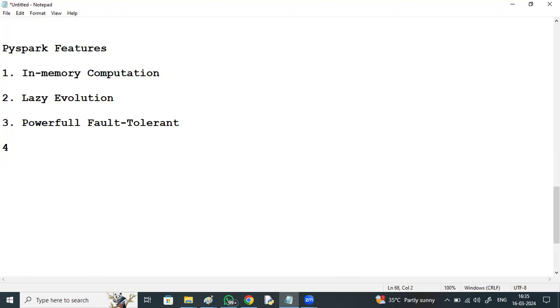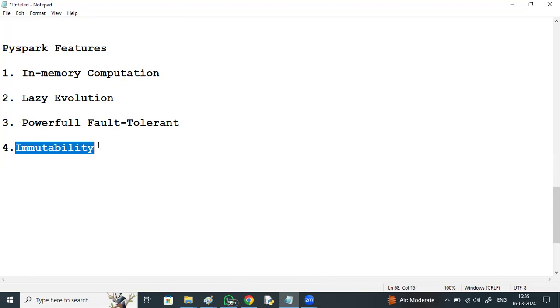And one more feature you see is immutability. From A, B got generated. From B, C got generated. All of these are immutable. We have RDDs and data frames, and all of them are immutable.